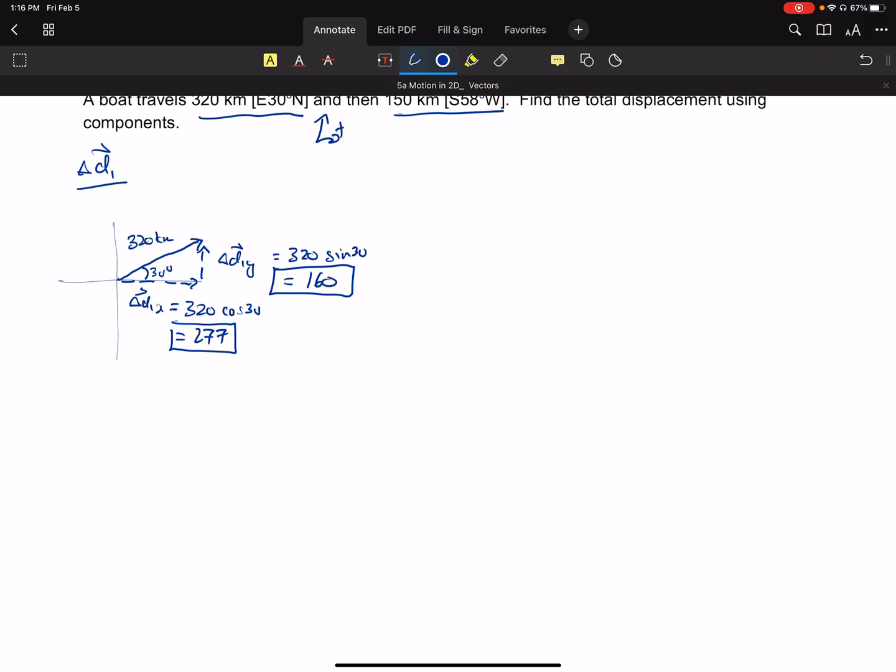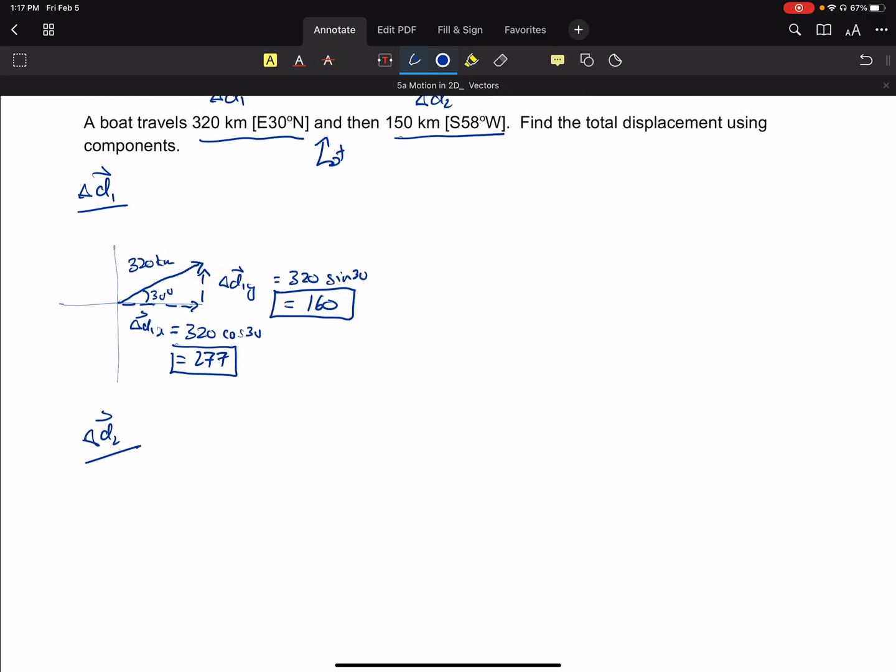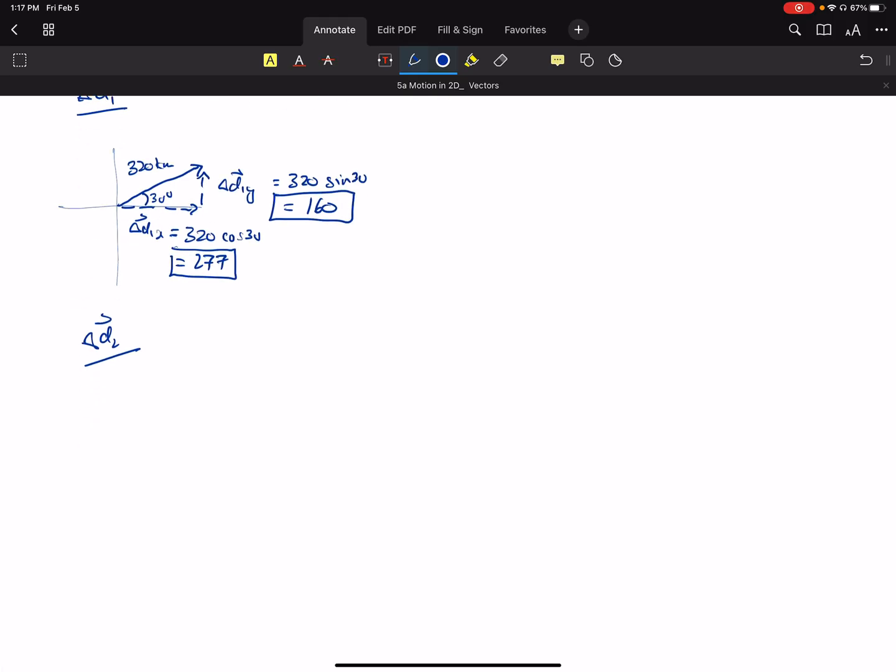Now what I'm going to do is draw my delta d2, my second displacement, which is 150 kilometers south 58 degrees west. So you're going to have south 58 degrees west, that's my angle. There you go.